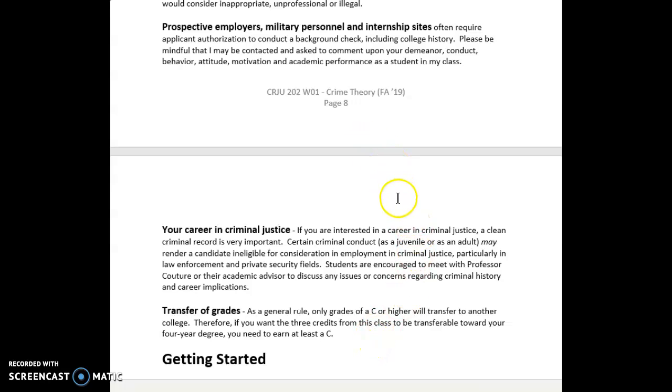So be mindful that you want to make a good impression on your faculty, and do your best work so that a good reference is going to come out of it.